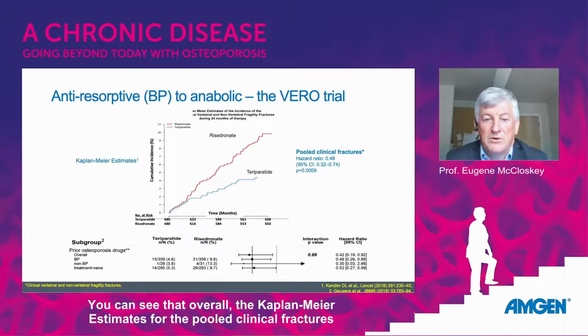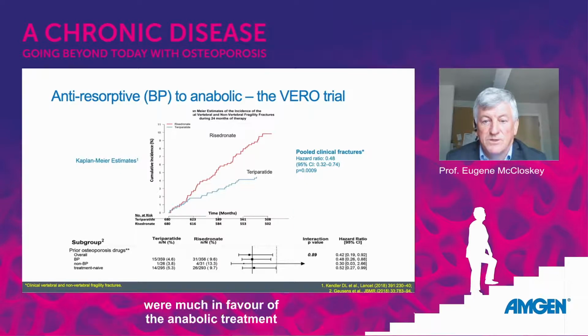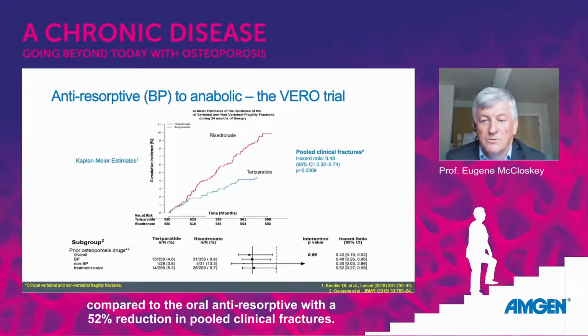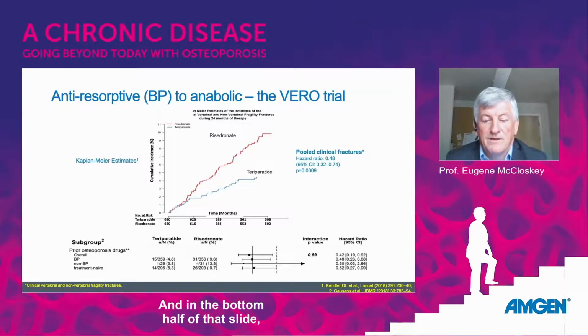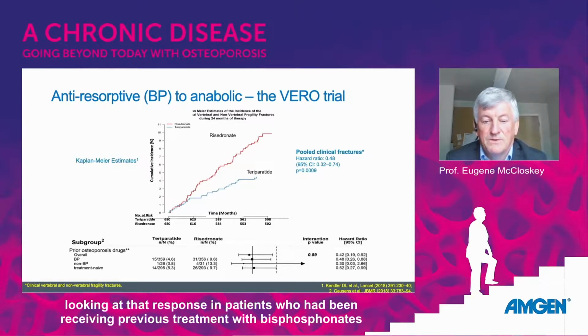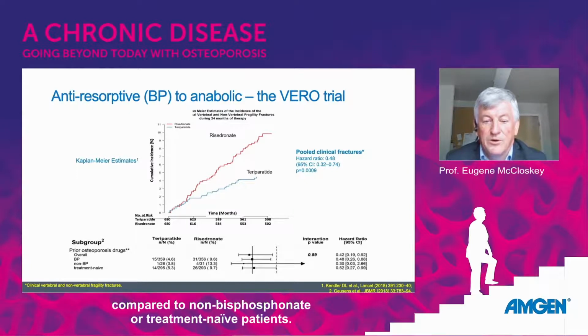You can see that overall the Kaplan-Meier estimates for the pooled clinical fractures were much in favor of the anabolic treatment compared to the oral anti-resorptive, with a 52% reduction in pooled clinical fractures. And in the bottom half of that slide, this is another later analysis from the same study, looking at that response in patients who had been receiving previous treatment with bisphosphonates compared to non-bisphosphonate or treatment-naive patients.